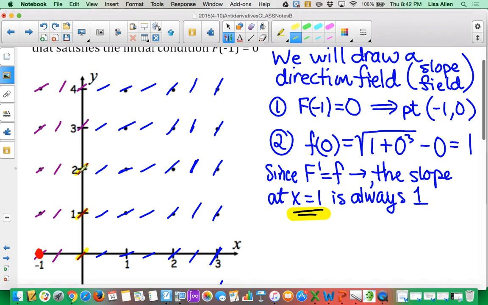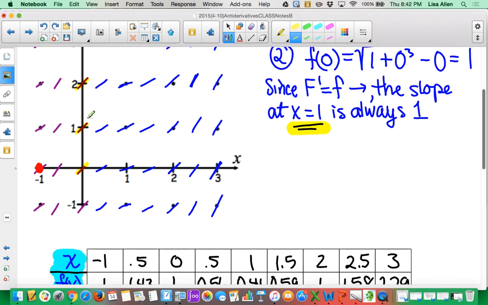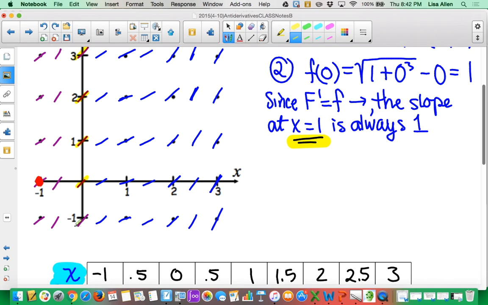I'm starting off at the point 0, 2, and looking up to this point. So at x equal to 0, all the slopes are equal to 1. You can see that down here.